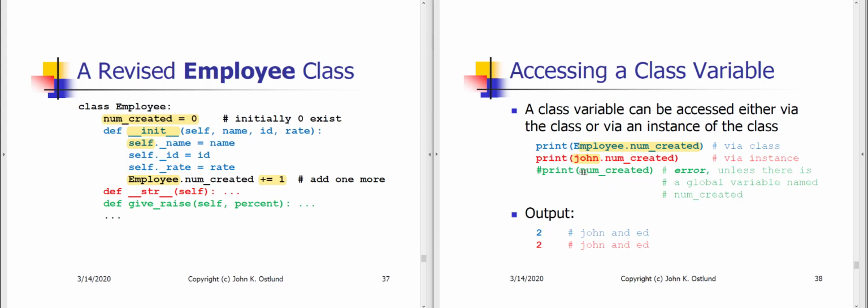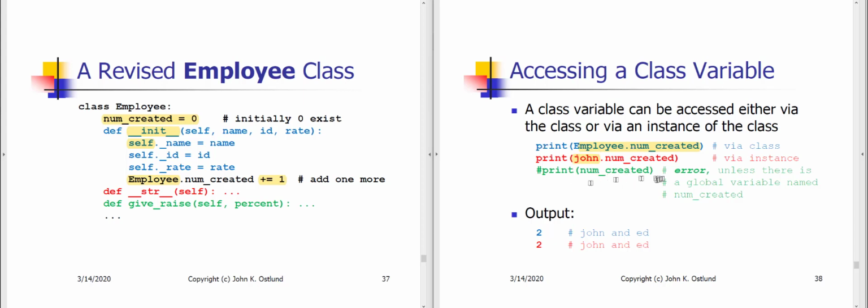Now, there is no global variable called num_created. Okay, num_created exists within the employee class. It's not global, so if you attempt to print num_created directly, you'll just get an error message. Unless you accidentally also have a global num_created variable sitting around, which is separate from the employee class's num_created variable.